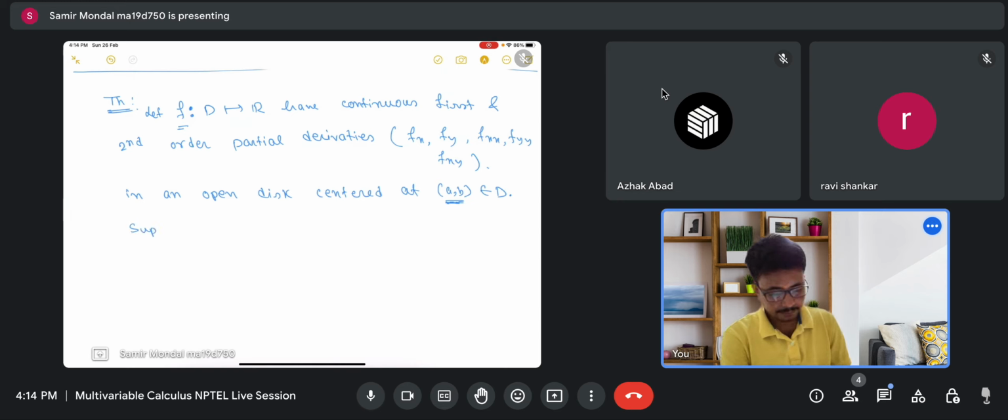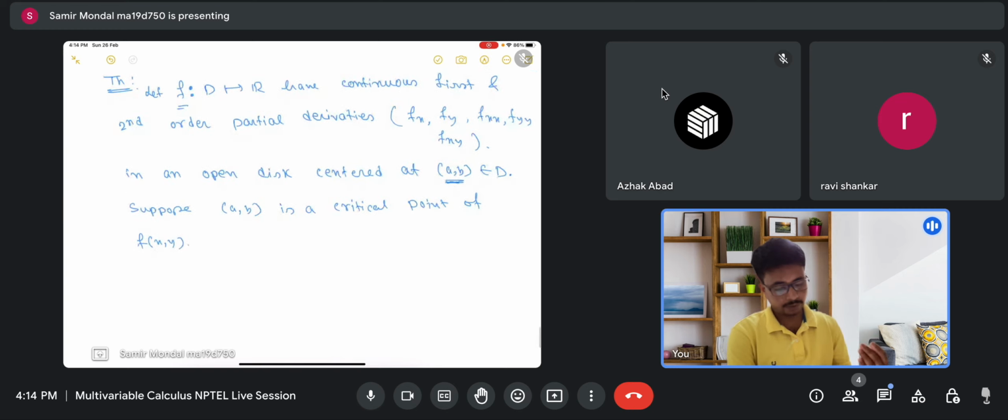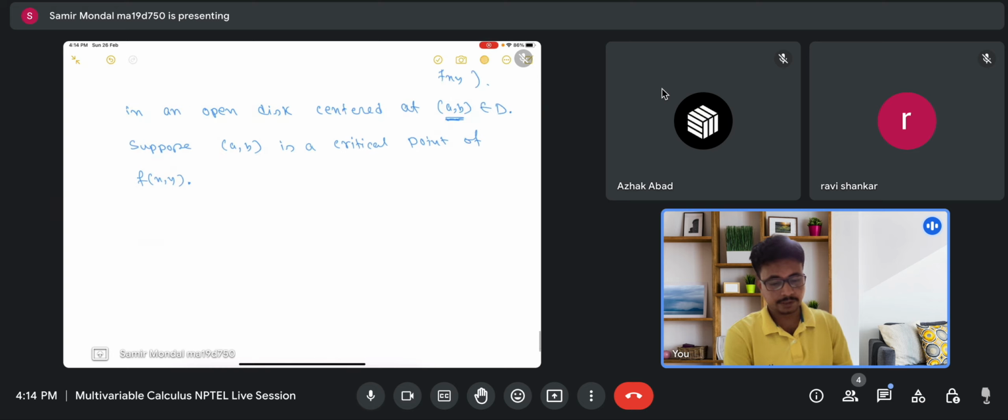So we take this assumption also. Suppose AB is a critical point of f of xy. Now we are almost at the end. How will we find the local extremum point?